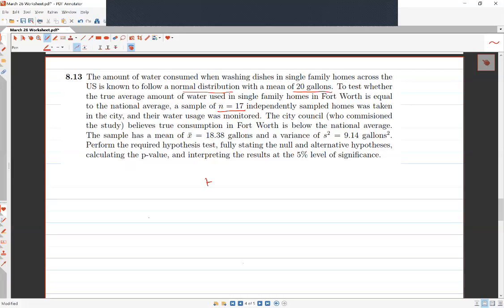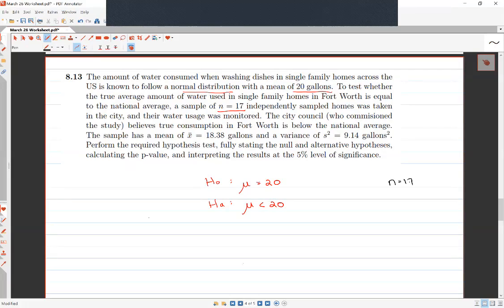So this immediately gives us our hypotheses. Our null hypothesis is that the mean in Fort Worth is 20, but the City Council believes that in Fort Worth it's below 20. People in Fort Worth are very conservation minded and they're not using too much water. Now, what do we observe in this sample?